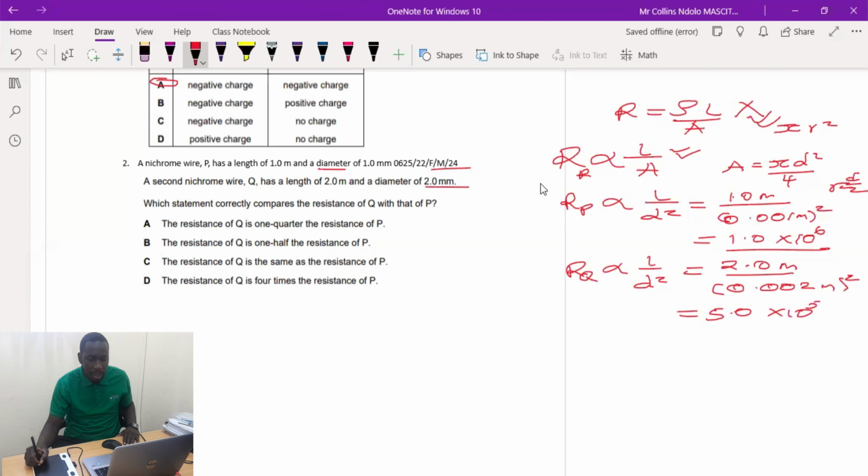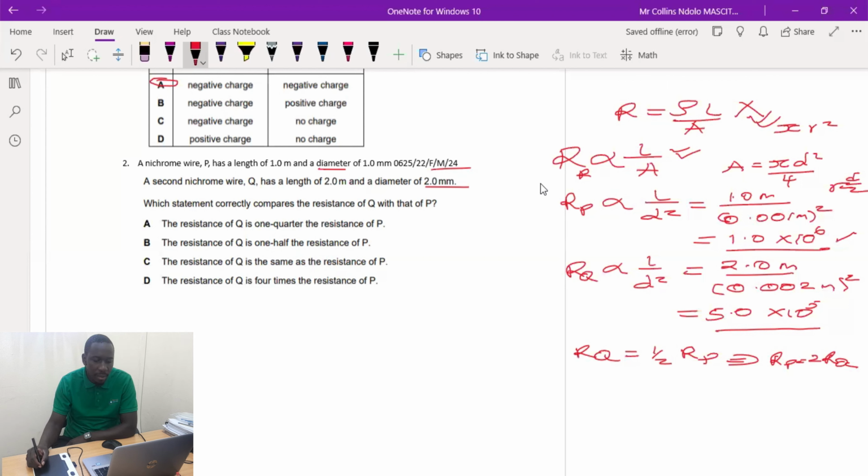Now if we relate this and this, you will realize that RQ is actually a half of RP. RQ is basically a half of RP, or RP is twice RQ. If you multiply by 2, then you'll be able to get that.